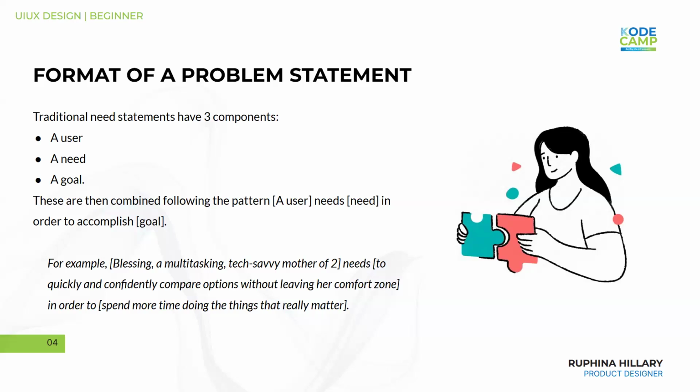So for example, say you say Blessing, a multitasking tech-savvy model of two, needs a tailoring application where she can, let's say, hop on a video call with the tailor in order to save time, rather than trekking to the tailoring shop. Now this problem statement has already fixated on the video call.